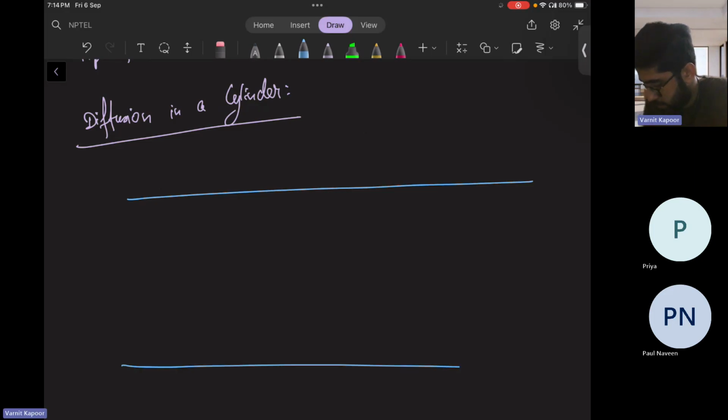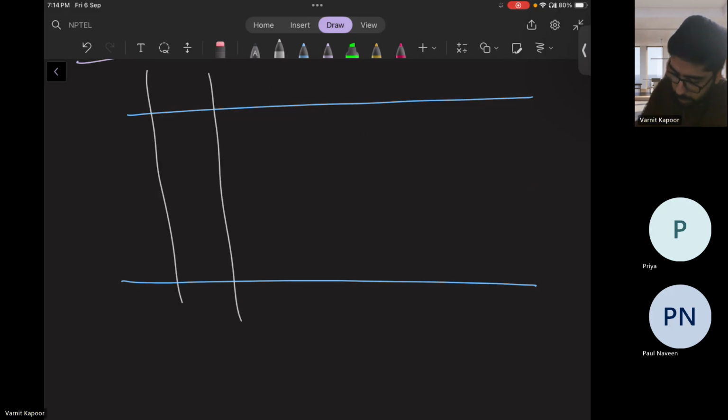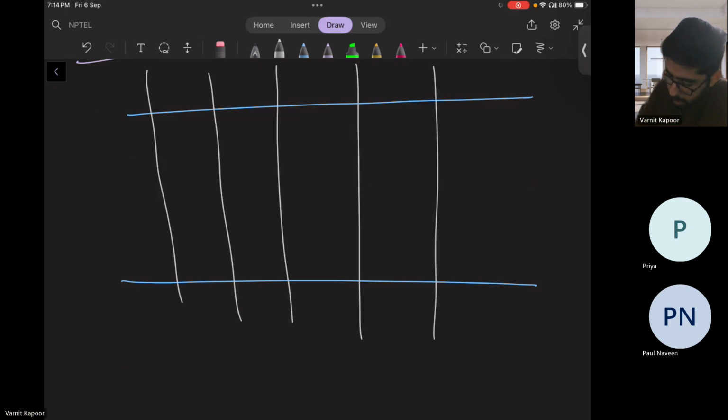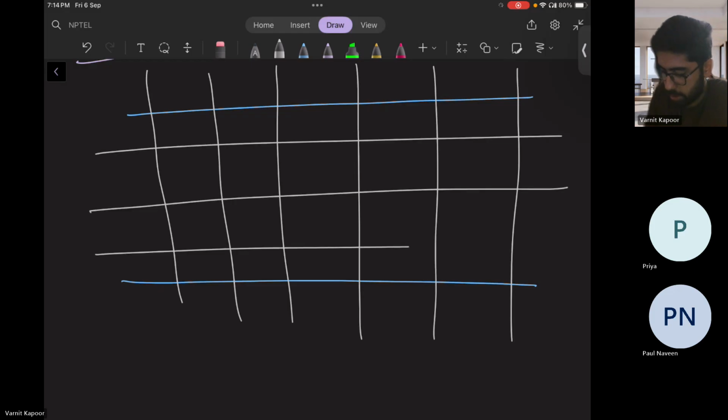So this is your cylinder. Okay, I'm discretizing the cylinder now. A uniform distribution of control volumes has been made.